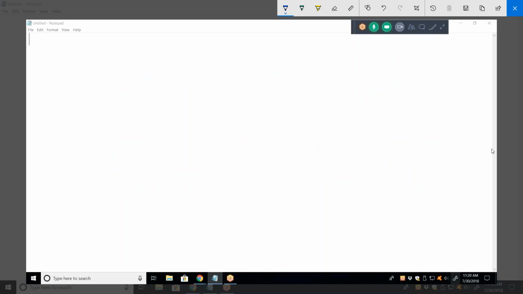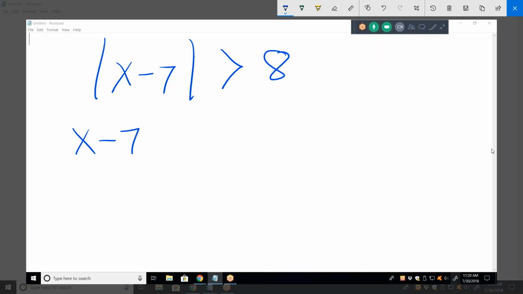Now, let's talk about absolute value inequalities. Slightly different, slightly harder. What two things does this mean? It means x minus 7 is greater than 8. The first thing it means is always what you're looking at without the absolute value sign.